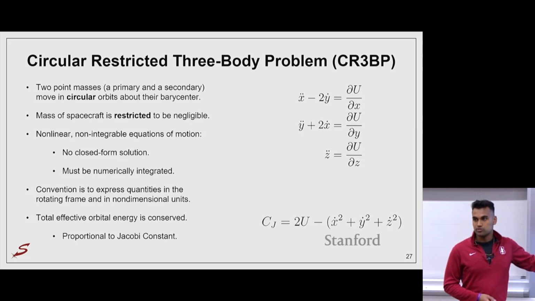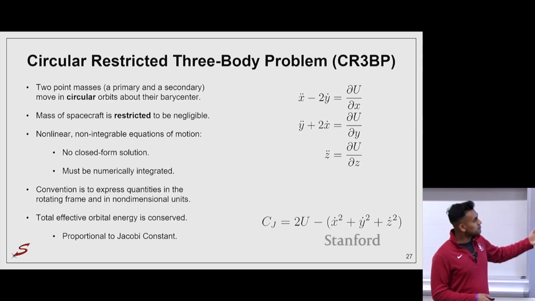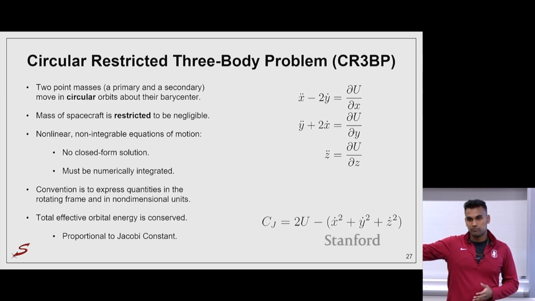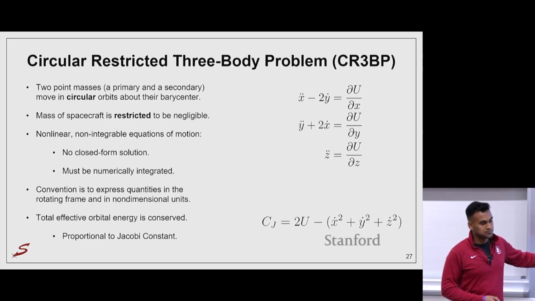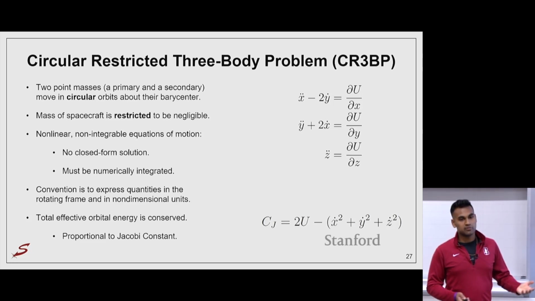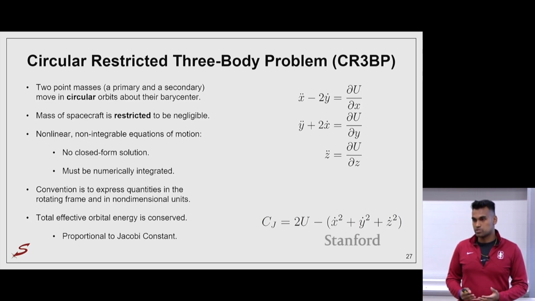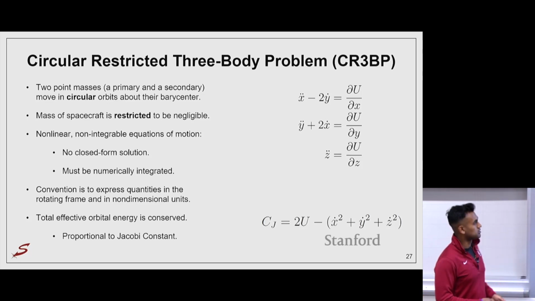The only way to find a solution to say, where are we going to be at X minutes from now, is numerical integration. That's very different from the two-body problem, where we have Keplerian motion and a closed form solution, the Keplerian orbit equation. So these equations are fundamentally difficult to work with.